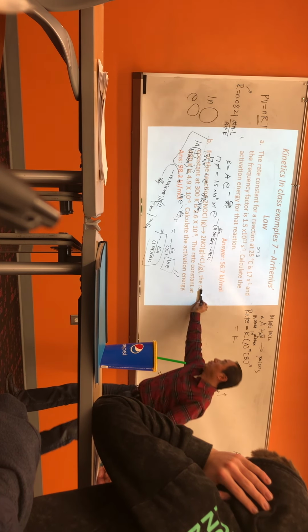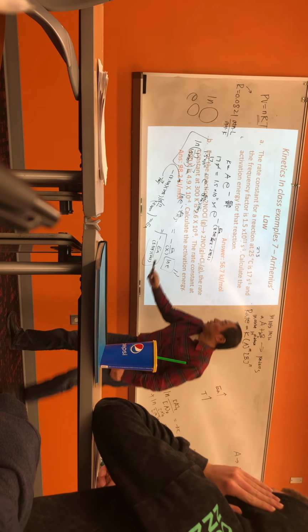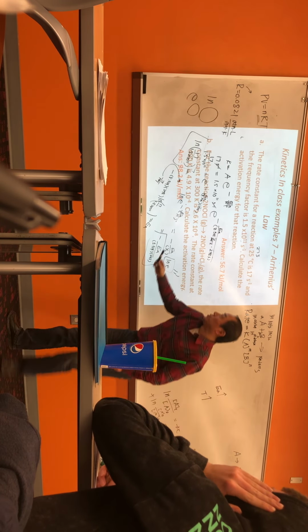For the second problem, if you look here, there's a rate constant and there's a temperature. For this reaction, there's another rate constant. So I'm going to call the first one k1, the second k2. And then there's another temperature here.